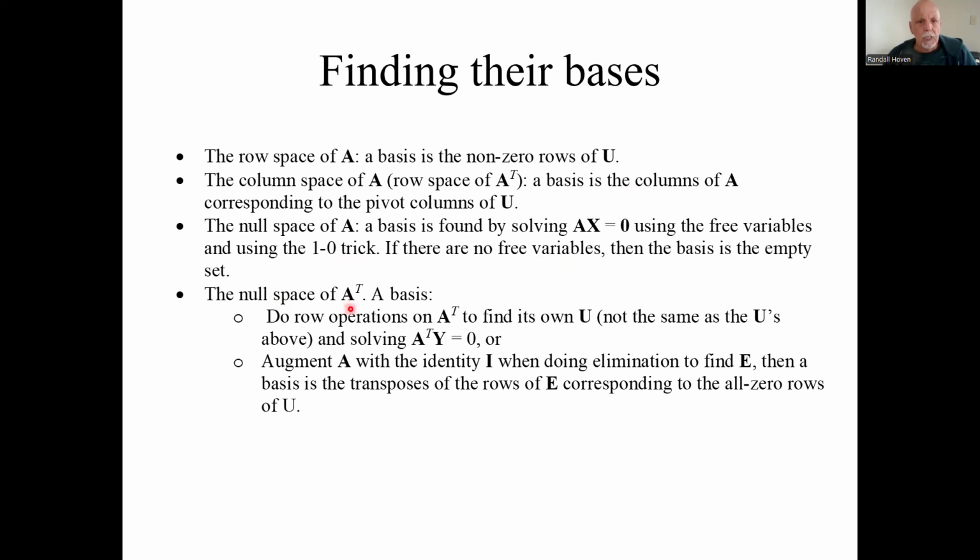The left null space, or the null space of A transpose, you can do it two different ways. You could just transpose A and then find the null space of A transpose the same way we found the null space of A. Or the other way, which you would probably do if you're also asked for all this other stuff, so you don't have to do a lot of extra work: you augment the matrix A with the identity when you're doing all that Gaussian elimination.